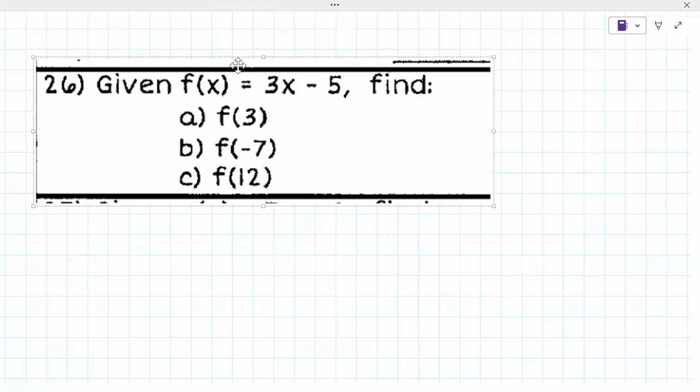And it's okay if you don't understand anything. That's why we're doing this.